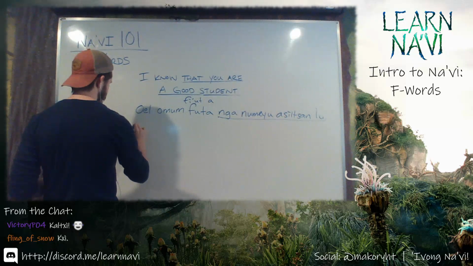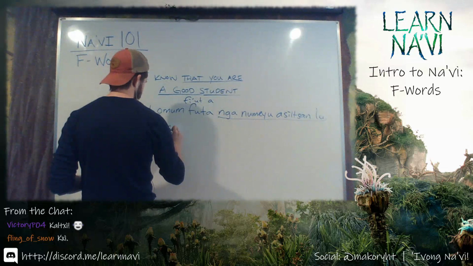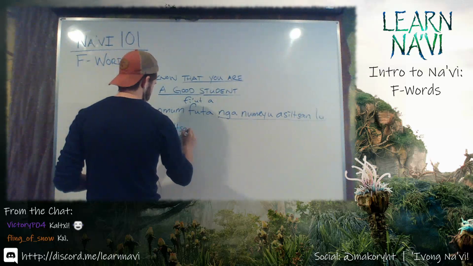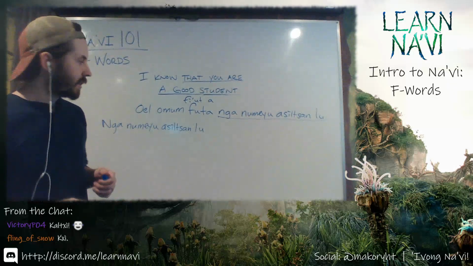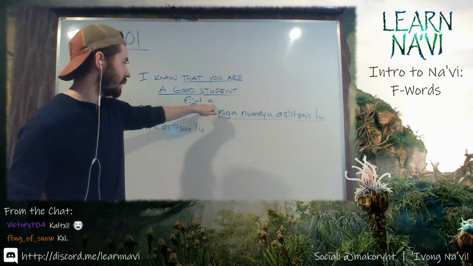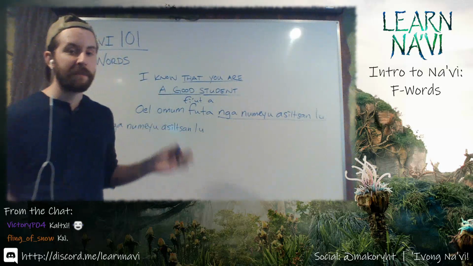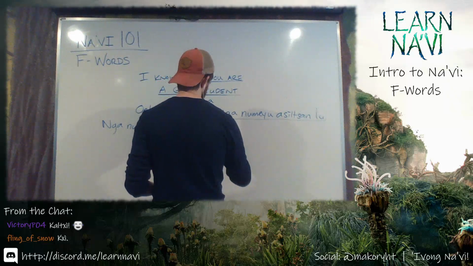Nga, numeu, asilsan, lu. And then we're going to still use fi'u and a. Actually, we're still going to use fi'u and a. But we're going to flip them, okay? And I'll explain why in just a second. So, a, fi'u.